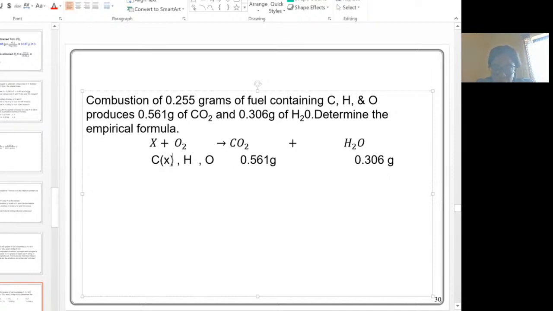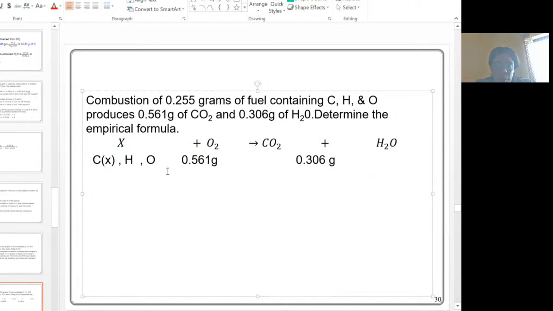We don't know, so that's X. Carbon there is X, hydrogen is Y, since we don't know how many atoms of hydrogen there are, and oxygen we can say Z. So what is our task?